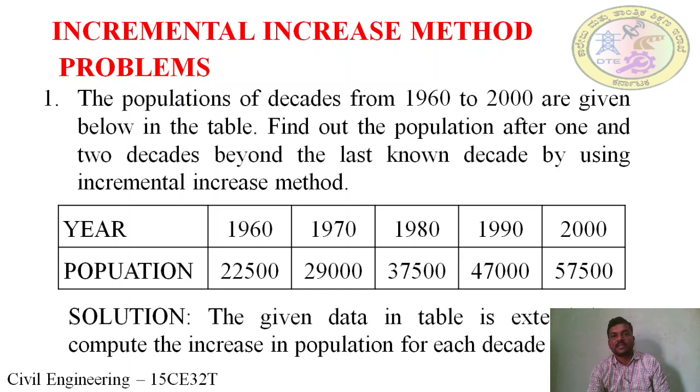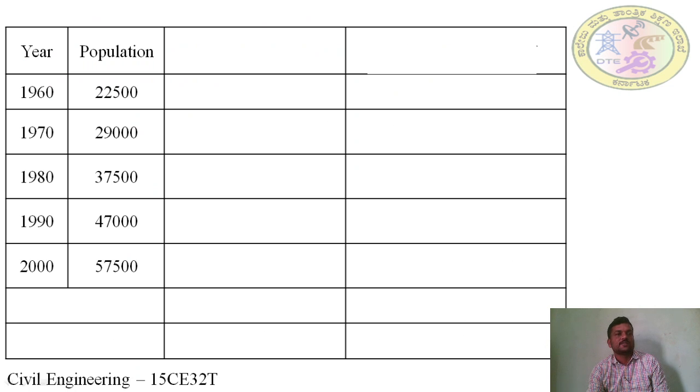So we need to extend the table to calculate incremental increase. Here the given data is tabulated. First we need to find out the increase in population. The increase in population for the year 1960 becomes nil because we don't know the population data of the previous decade.